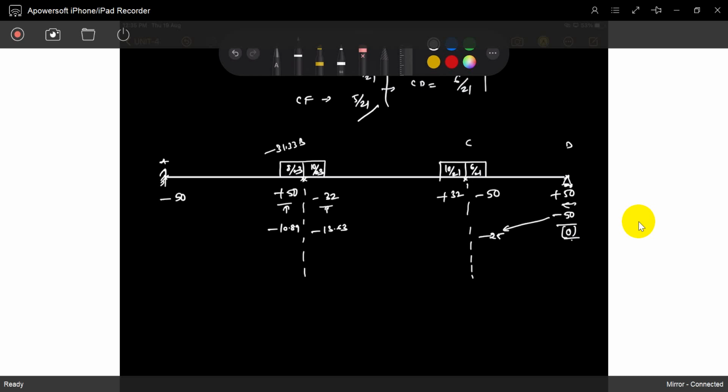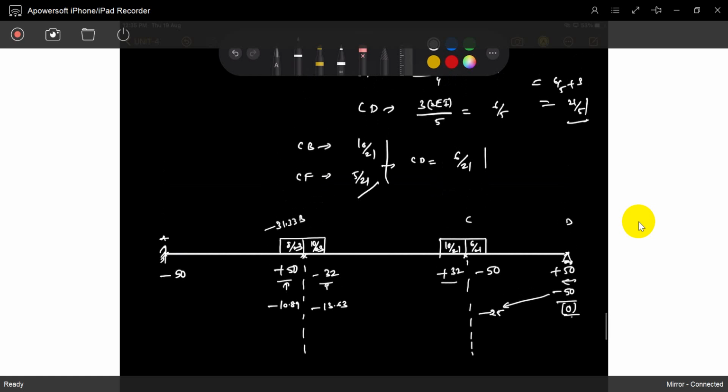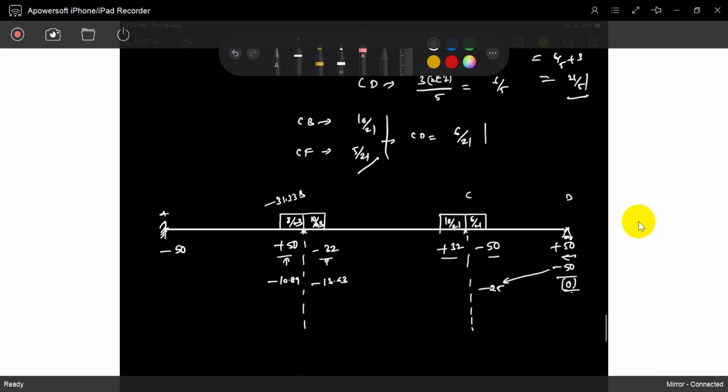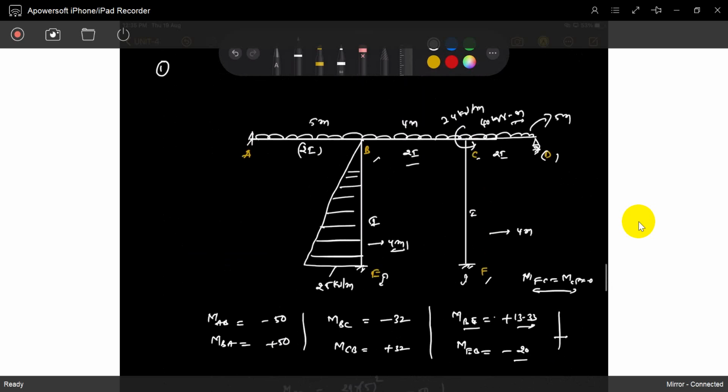So now we will go to C. C is plus 32, minus 50 and also 0. So what is the unbalanced moment? Sir, 18? It is not 18, because if you observe the structure, the joint has a moment of minus 40. From the equilibrium equation, MCB plus MCD plus MCF should be equal to minus 40.